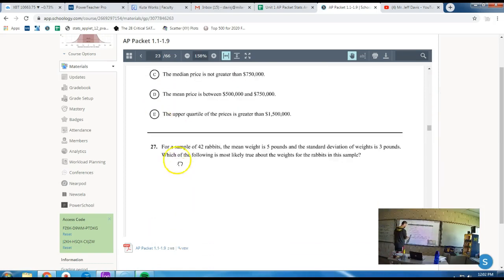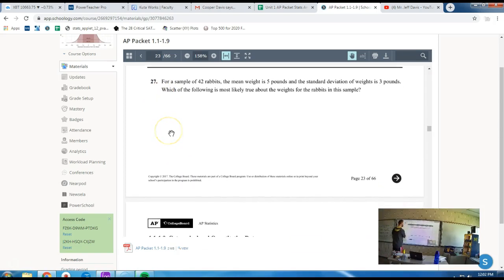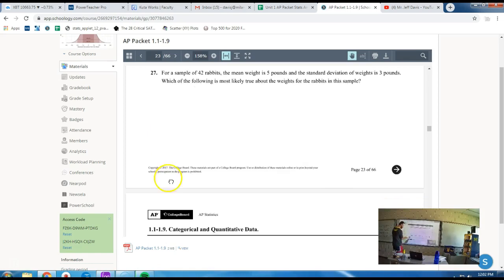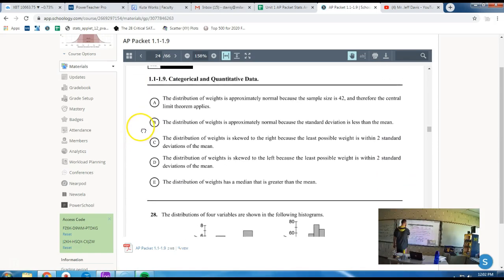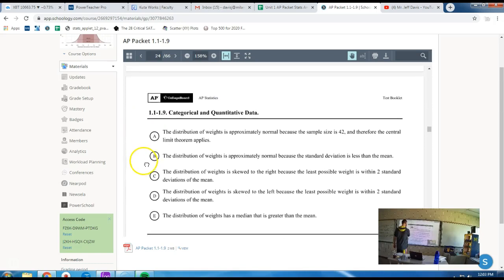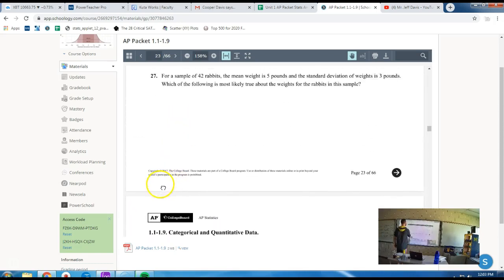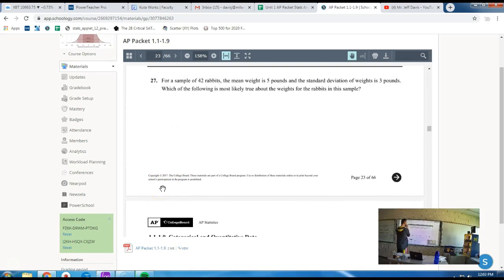All right, number 27. Two rabbits, mean weight is 5 pounds, the standard deviation is 3.